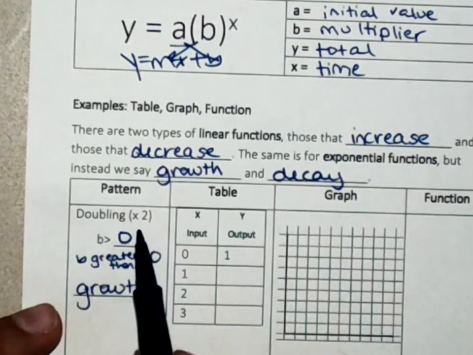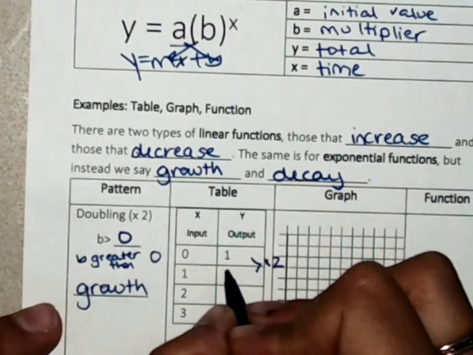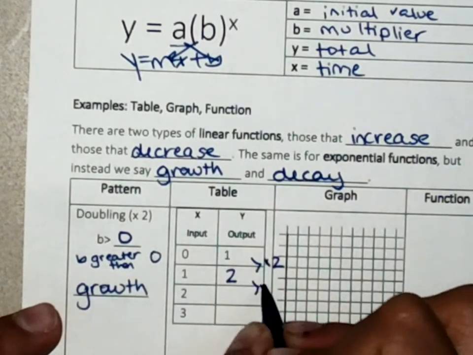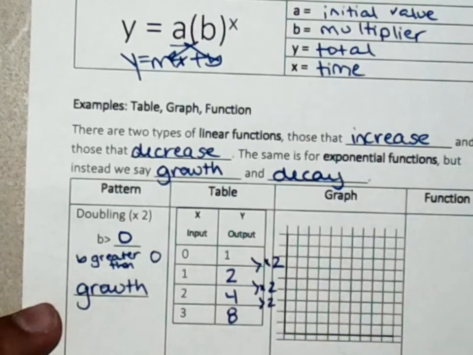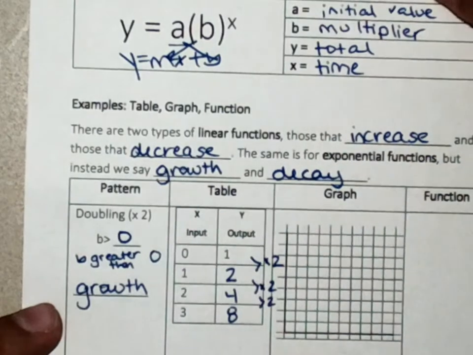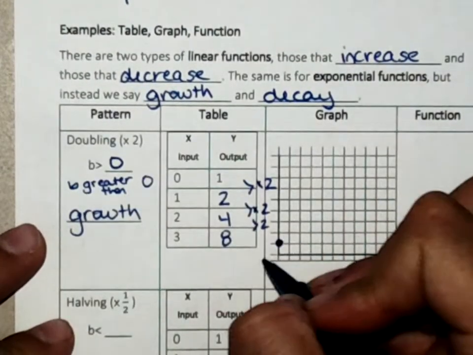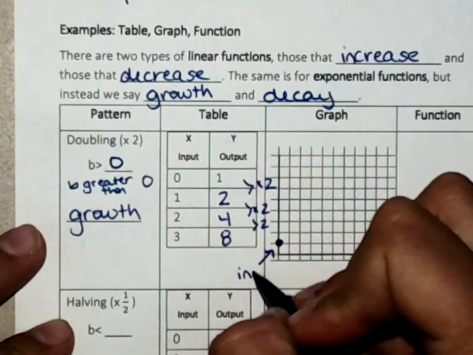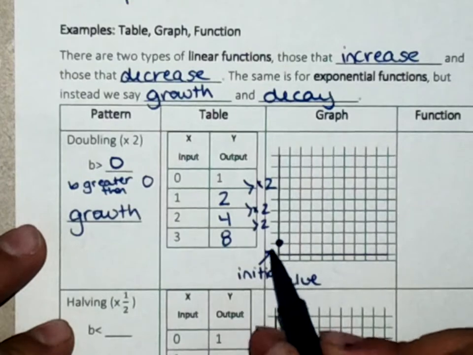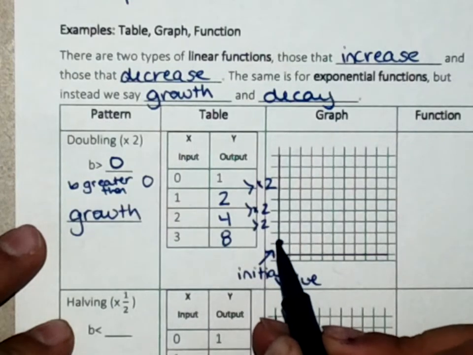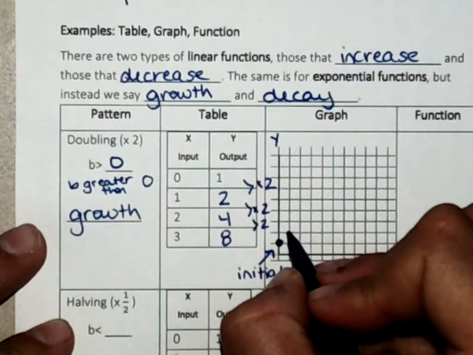So if we're multiplying by 2, because that's what doubling means, 1 times 2 is 2, 2 times 2 is 4, and 4 times 2 is 8. If we were to graph this, 0, 1, again, that is our initial value. Just like for a linear function, the initial value is where our line crosses the y-axis. Our next point is 1, 2.